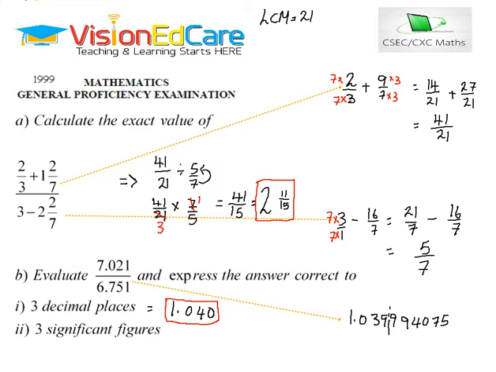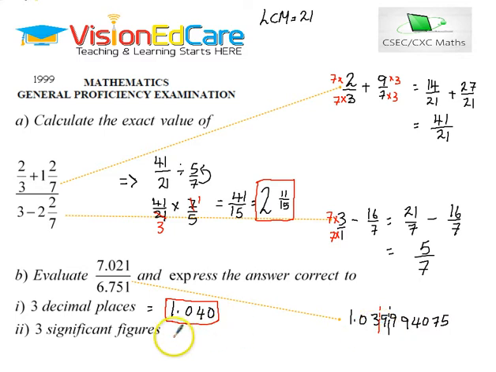Now to 3 significant figures, we start counting from here, from the 1. So we count 1, 2, 3. So 3 significant figures would be here. This number to the right is bigger, so we increase this by 1, so this becomes 4.